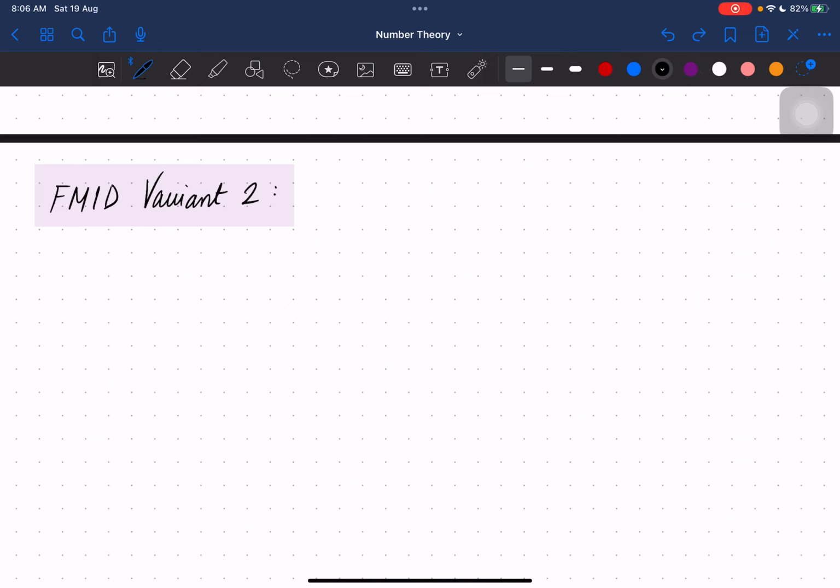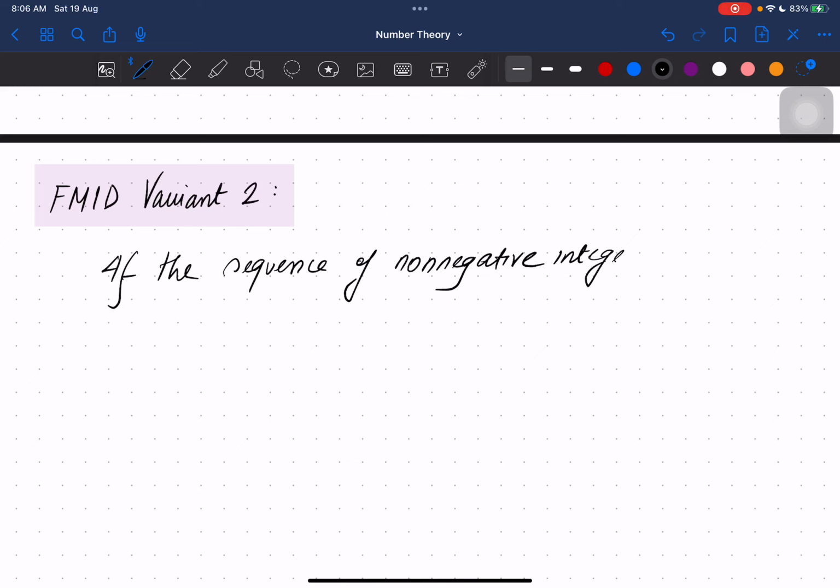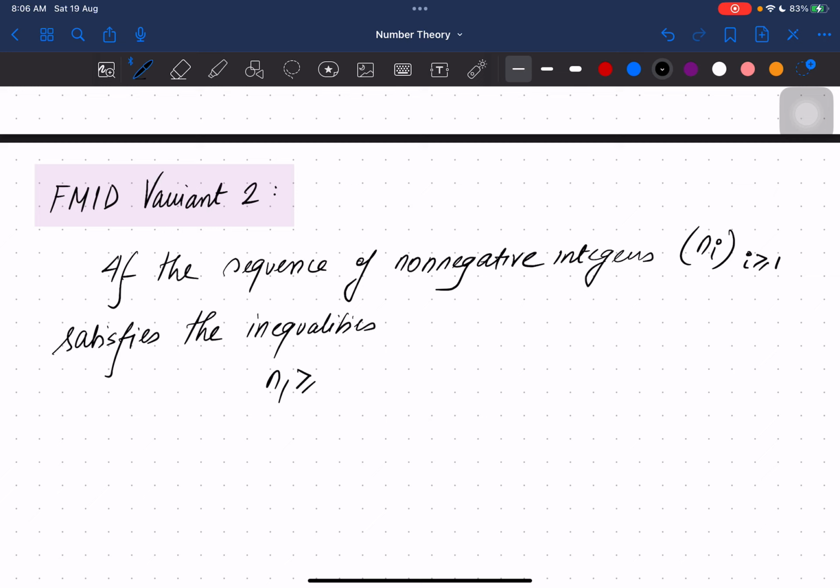it says that if a sequence of non-negative integers ni, where i is greater than or equal to 1, satisfies the inequality, that is, it is decreasing, so n1 is greater than n2, or you can say non-increasing, then there exists an i0 such that after a certain stage all the terms are equal.